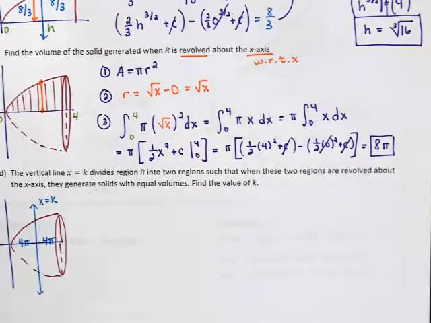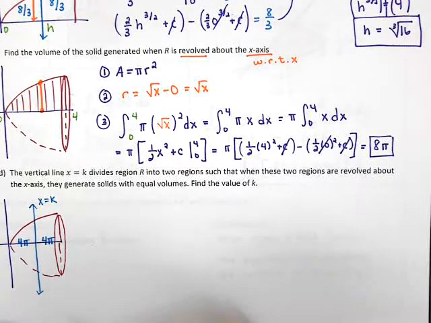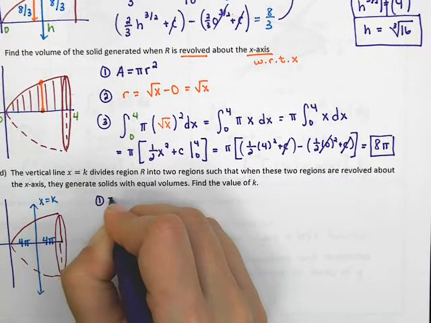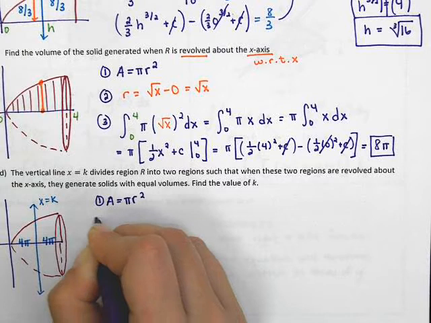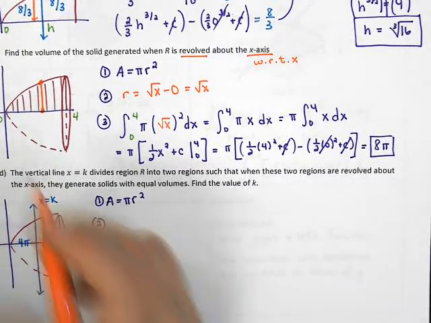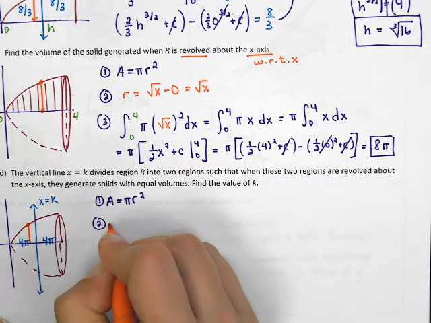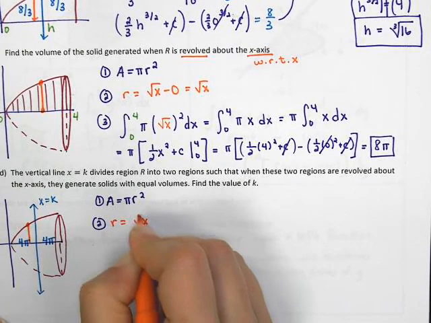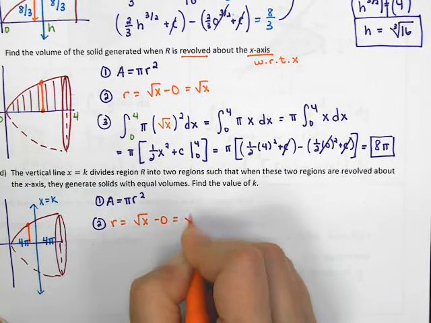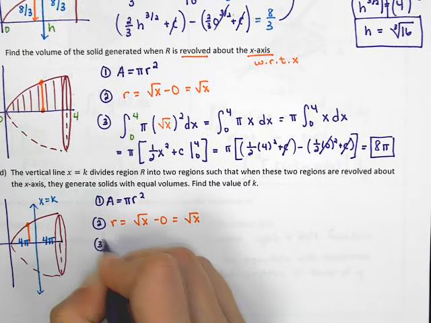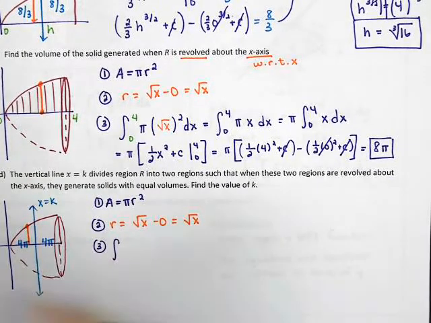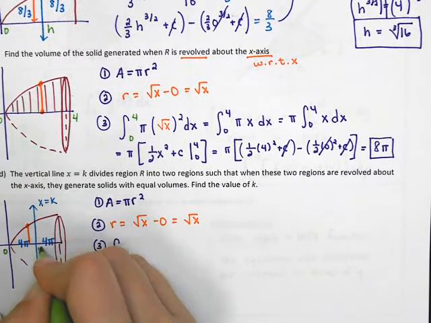So if I set up an integral to figure this out, I know all of my cross sections are still going to be circles, so my area is pi r squared, and I know that my radius in this first section is still going to be top minus bottom, so it's still the square root of x minus 0. But when I set up my integral, I'm going to integrate from 0 to k.